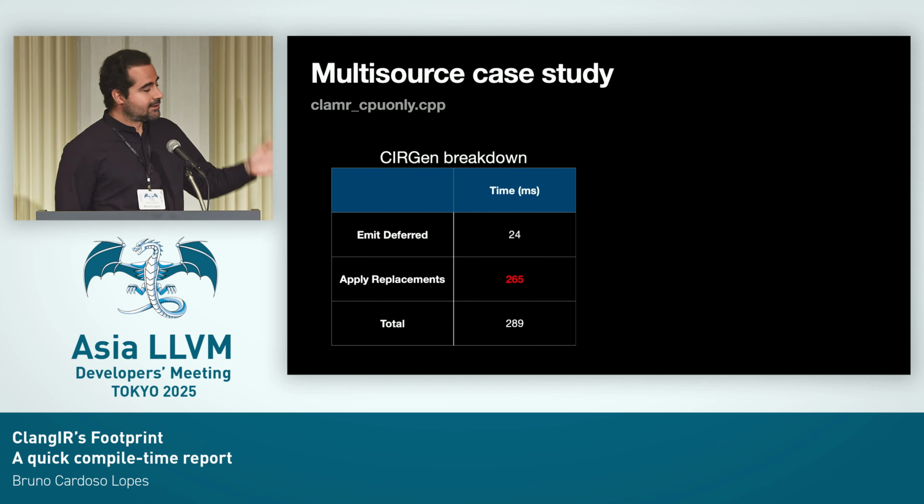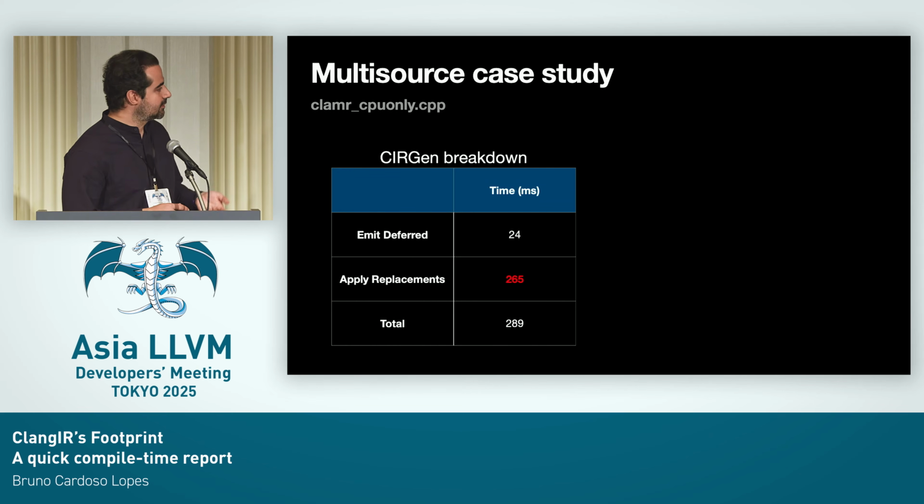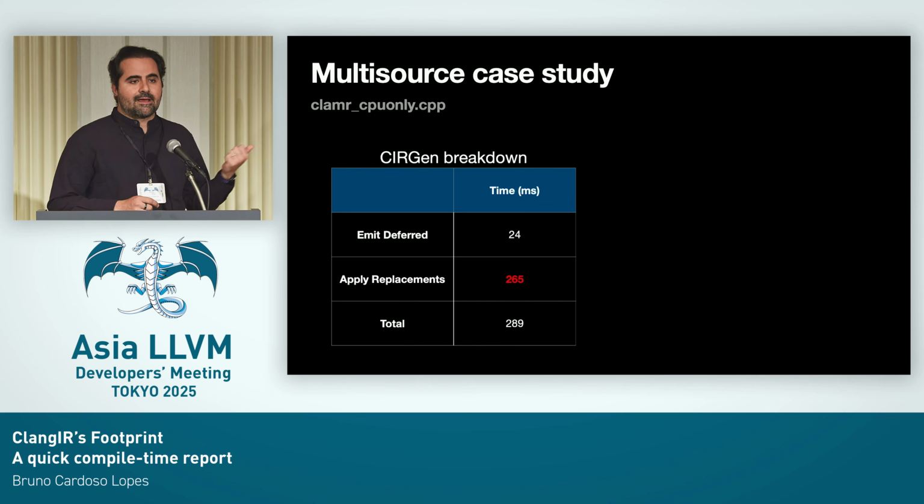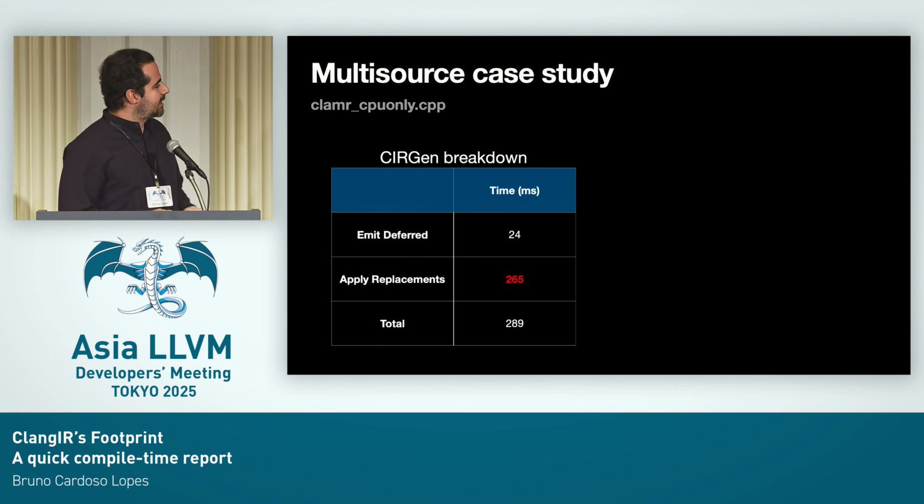So looking at that specific file, we saw it's basically partitioned between emit deferred, because in C++, a lot of the times, if you're emitting lots of constructors and destructors, those things are emitted after you actually go through a full pass on your translation unit. So that's not too bad, 24 milliseconds.